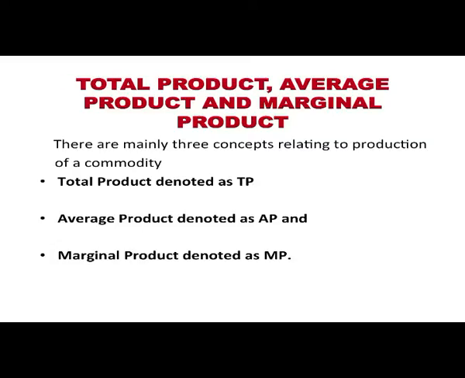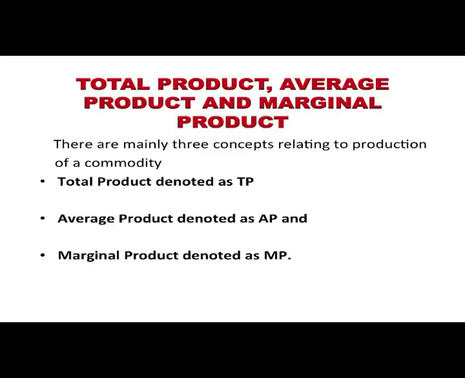It's time now for us to understand how we can measure production with the concepts of total product, average product and marginal product. There are mainly 3 concepts relating to production of a commodity.